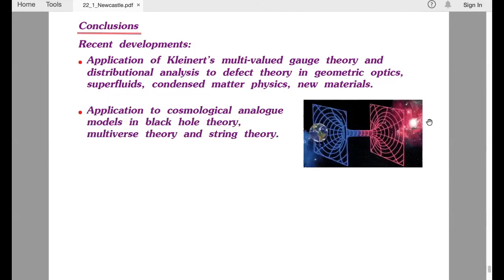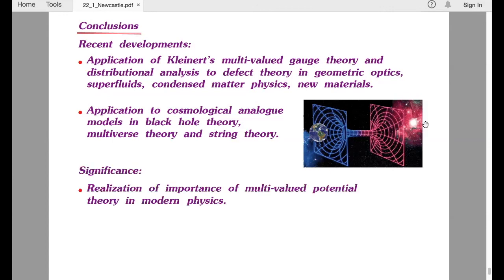We have recent interesting developments in application, not only of Kleiner's multivalued gauge theory, but also, I hope, Kelvin's approach to potential theory to revise or new work on cosmological analog models in black hole theory, in multiverse theory, and string theory. The outcome of this is the significance I wanted to give to my contribution, and is first of all the realization of the importance of potential theory in modern physics. I can add of multi-valued potential theory.